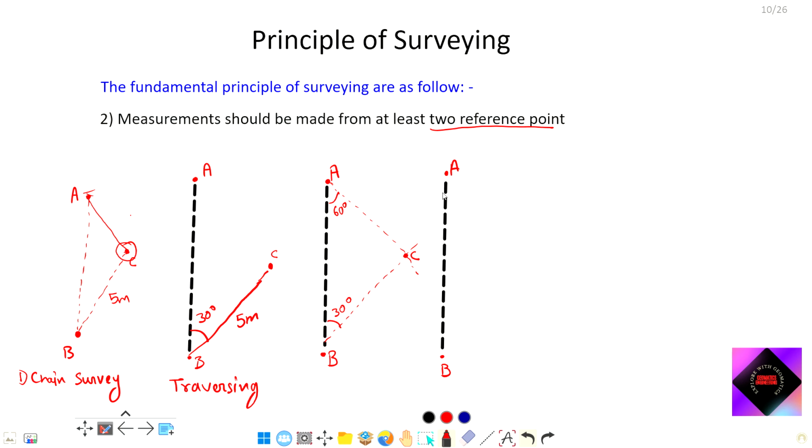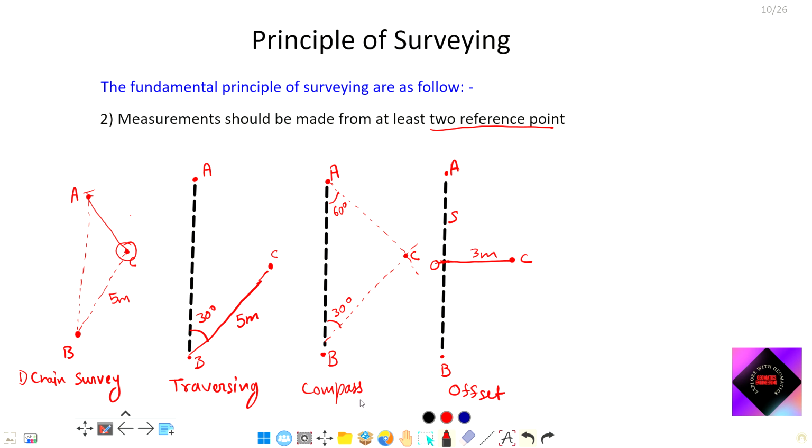So we find a point O on the line at some distance S from A. We go from A by that distance, plot O, and then make an offset of 3 meters. This is called offset, and this is called compass survey.